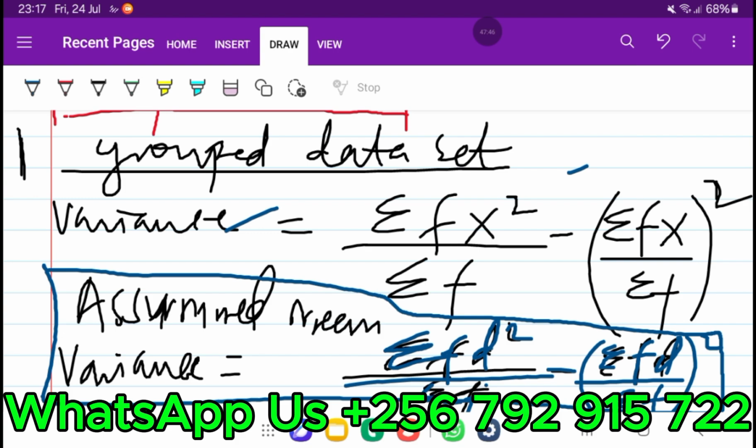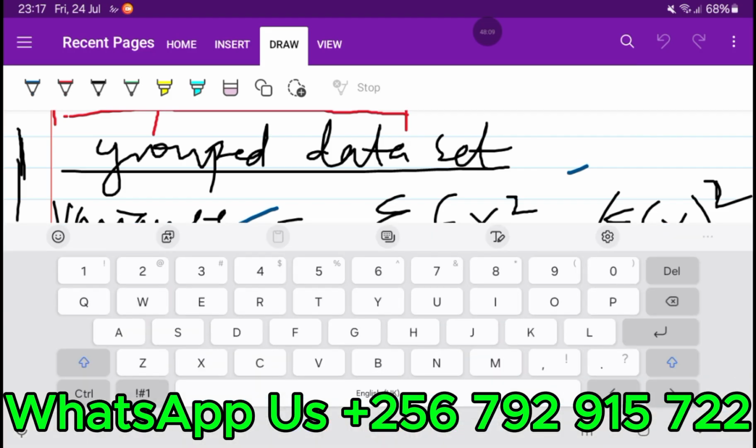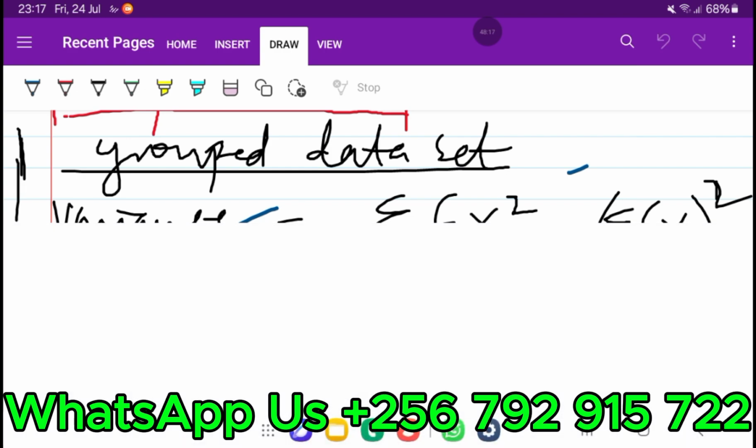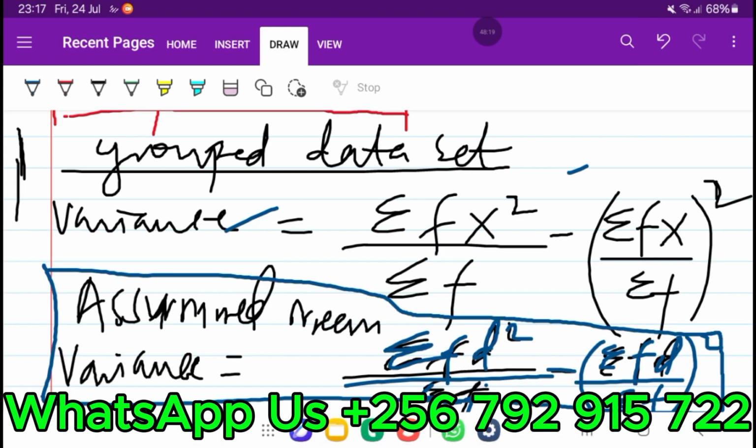So he can go ahead to ask you to compute the sample standard deviation, sample variance, and so on. For the mean, whether it is sample or population, the formula remains the same, but it is only the variance that changes depending on what the examiner is trying to ask you to compute.